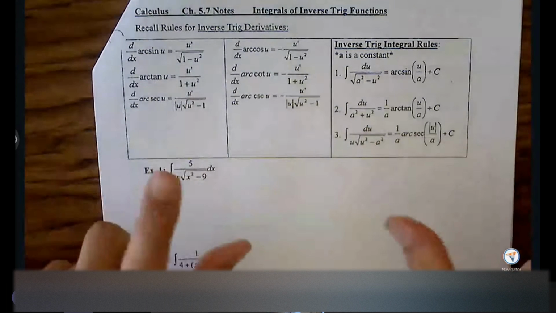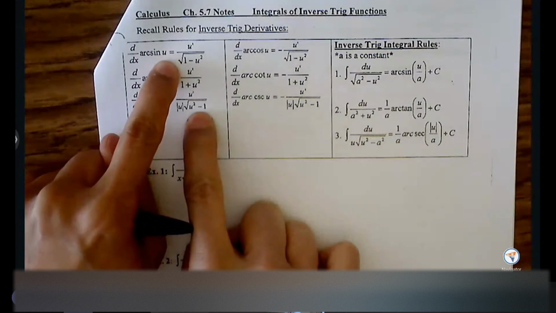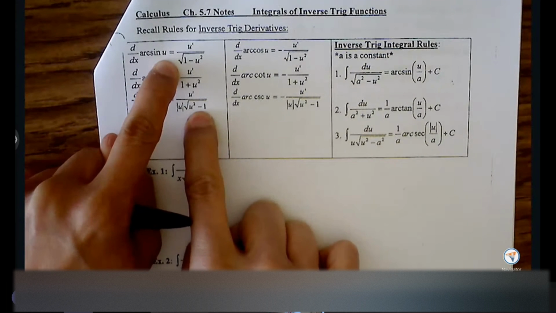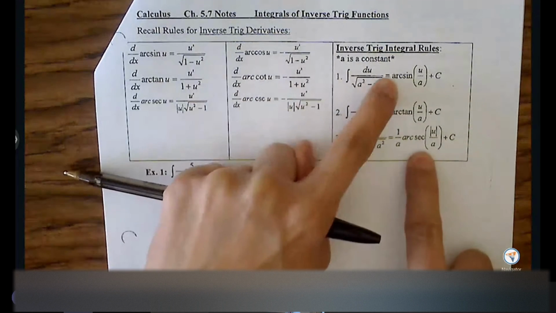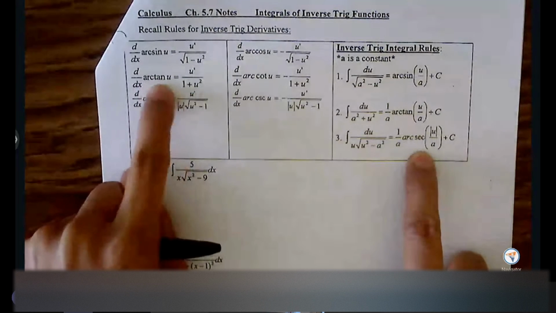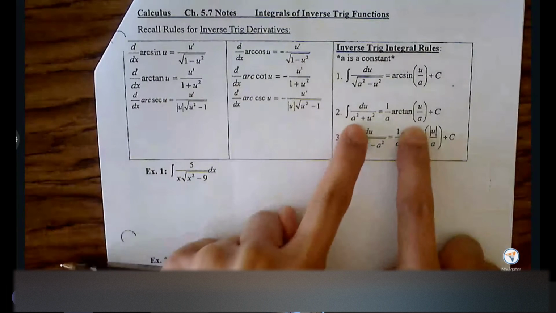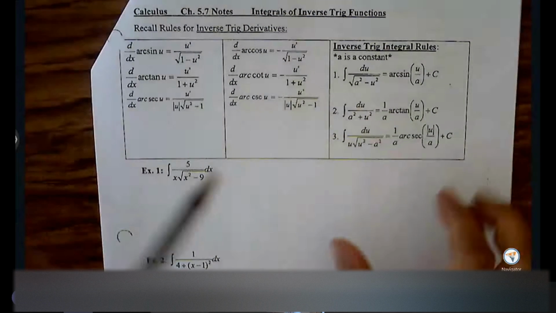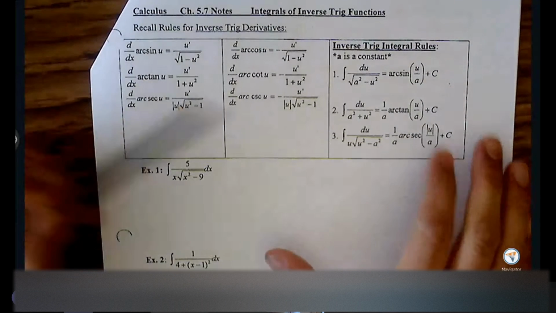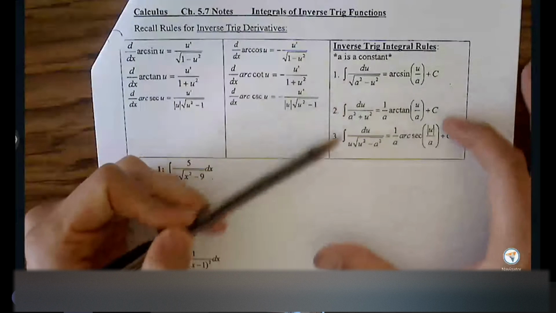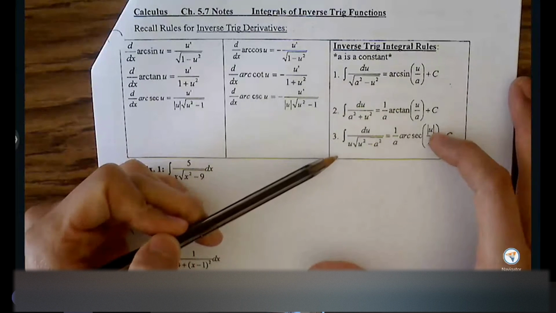But we can still see some similarities, right? The ones involving square roots are going to be arcsine and arcsecant. The rule that doesn't have the square root is going to involve arctangent. So we're basically just going to be applying and practicing these rules today.